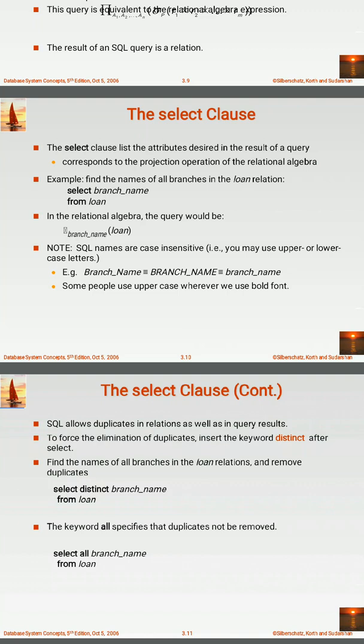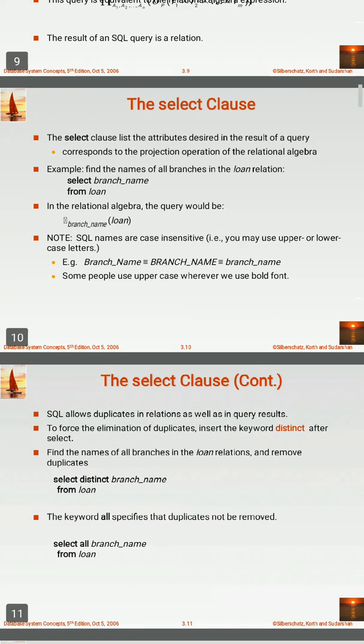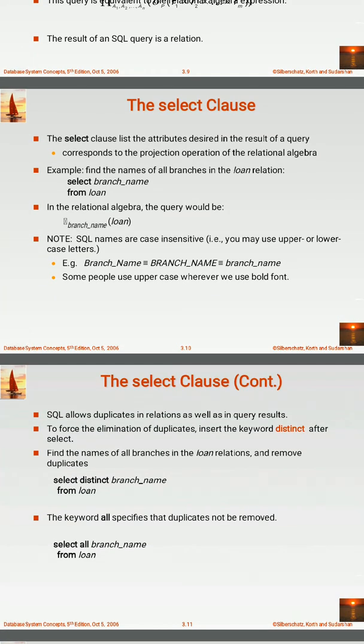The meaning of this is that the branch related to the loan department is selected here. In the relational algebra, the query would be projection of branch_name on loan.